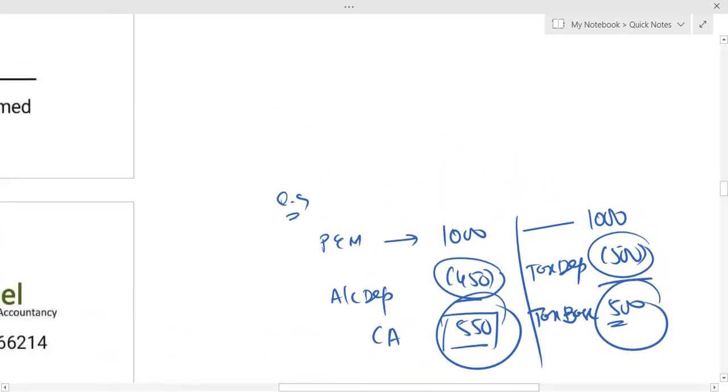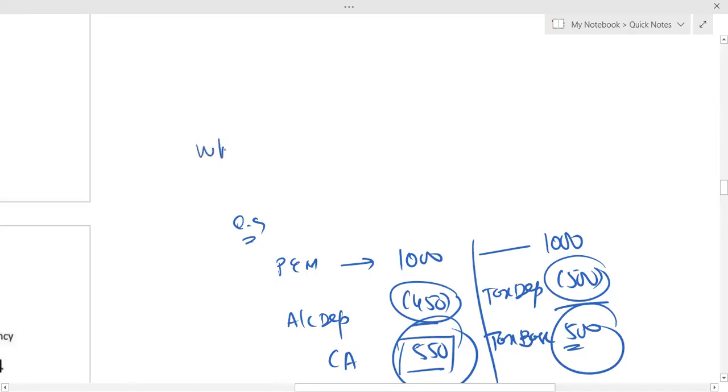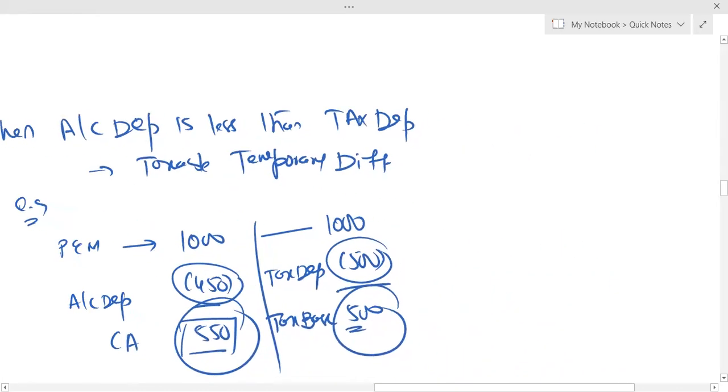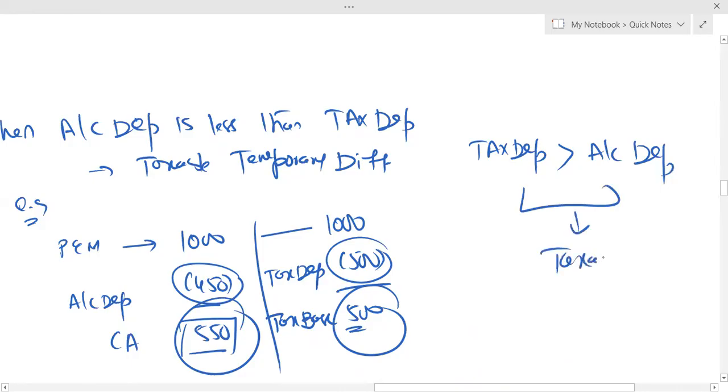So always remember one point: when accounting depreciation is less than tax depreciation, the difference is your taxable temporary difference. Or the other way around, when tax depreciation is more than accounting depreciation, it's the same thing.